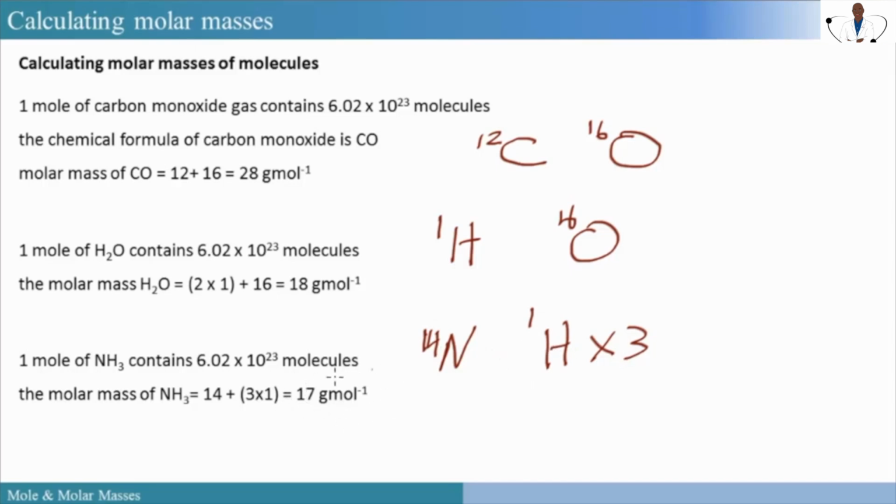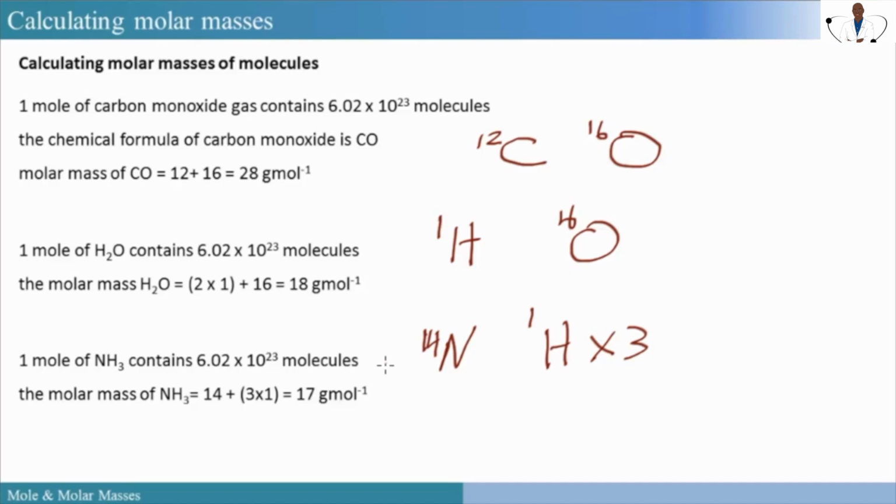So the molar mass of ammonia is 17 grams per mole. If we can't get the correct molar mass for atoms or molecules, then our calculation involving the mole will be incorrect.